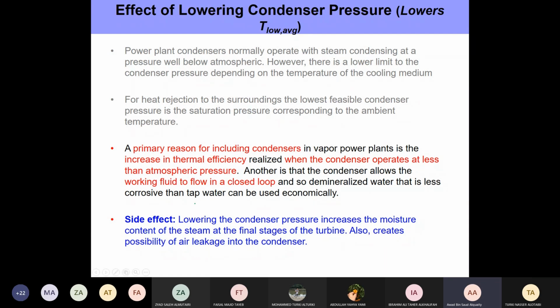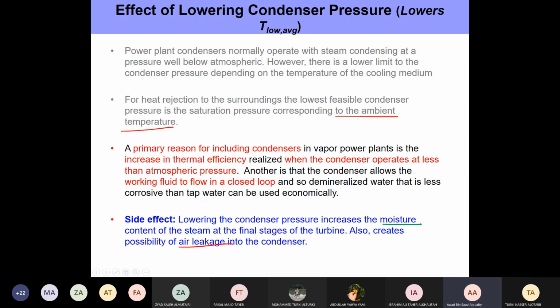So the two things that limit how low we can go with the condenser pressure are the moisture content at the exit of the turbine and the ambient conditions, the ambient temperature. Of course, since we are operating at a pressure lower than atmospheric pressure, some air may leak into the condenser.